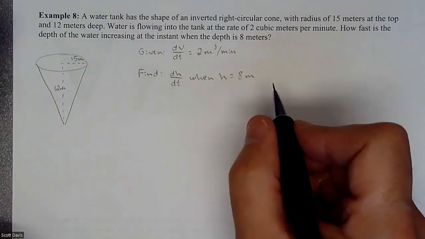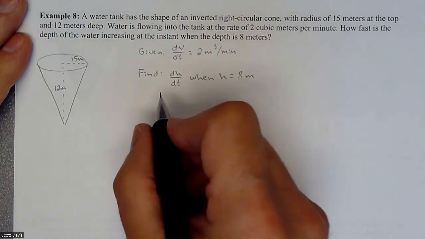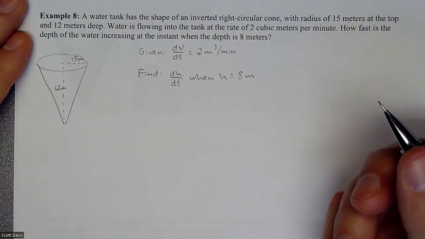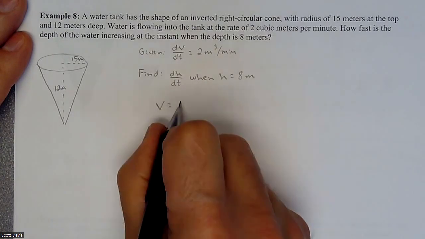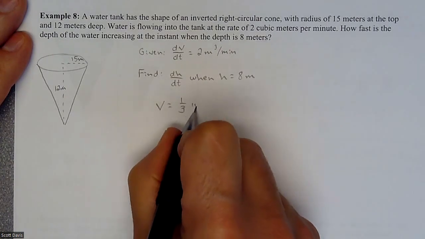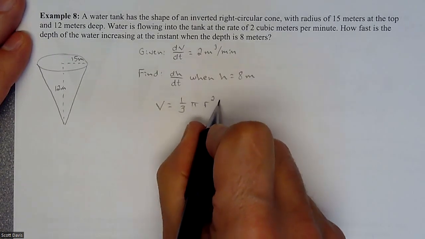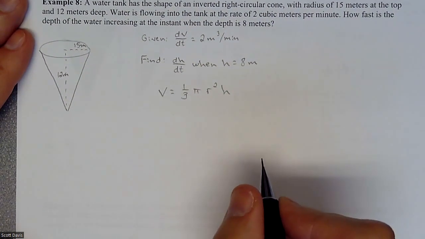All right, so if we are looking for all this information, we need some sort of a formula, and we are talking about a cone. So the volume of a cone is 1/3 pi r squared h, right?